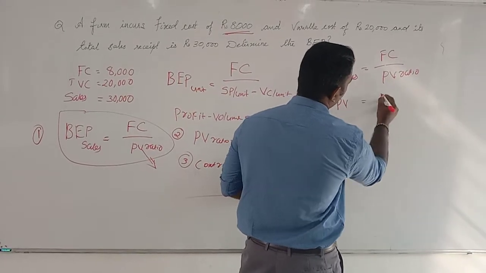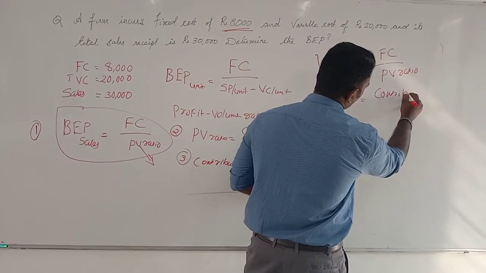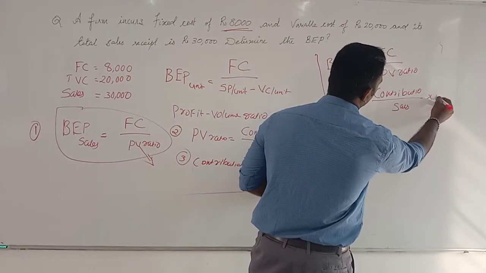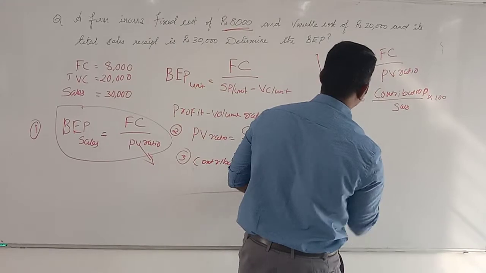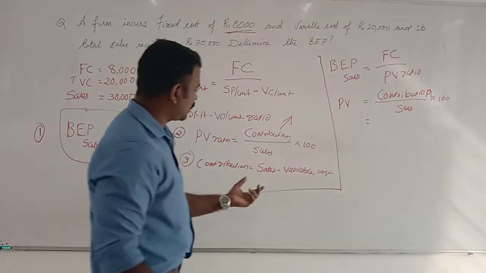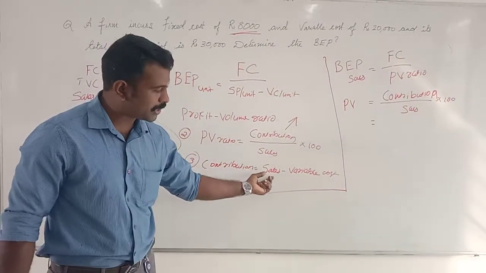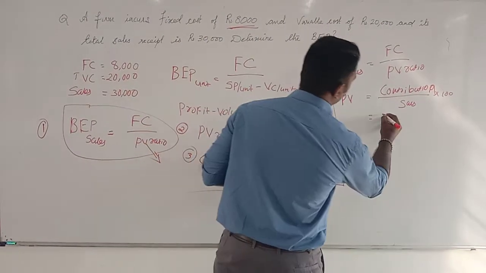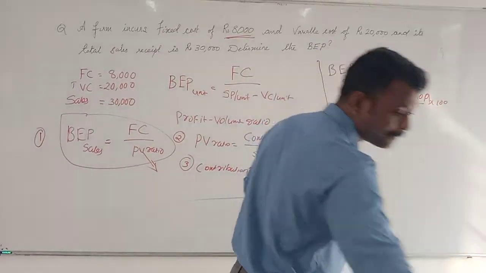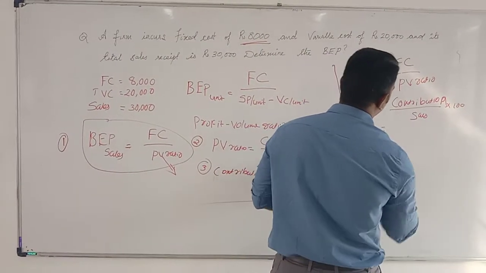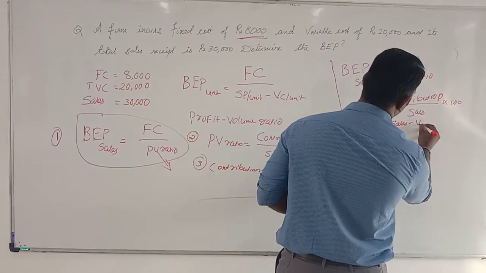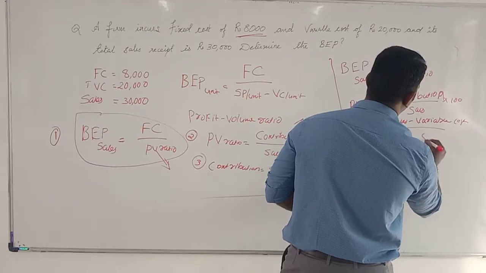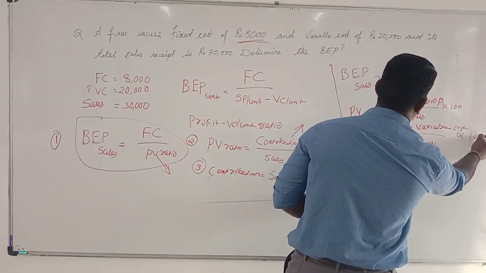PV ratio equation is contribution by sales into 100. Contribution is equal to sales minus variable cost. Sales is given here, 30,000. So PV ratio is sales minus variable cost divided by sales into 100.